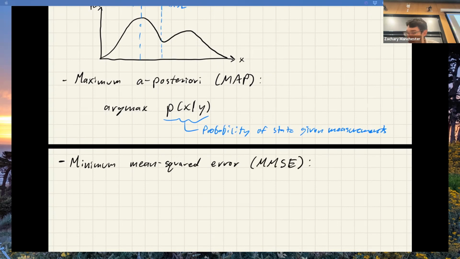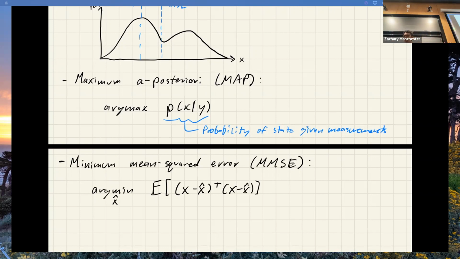So this would be something like the argmin over x hat, that's the estimate we're trying to find, of the expectation of x minus x hat transpose times x minus x hat. This is an expectation over x.